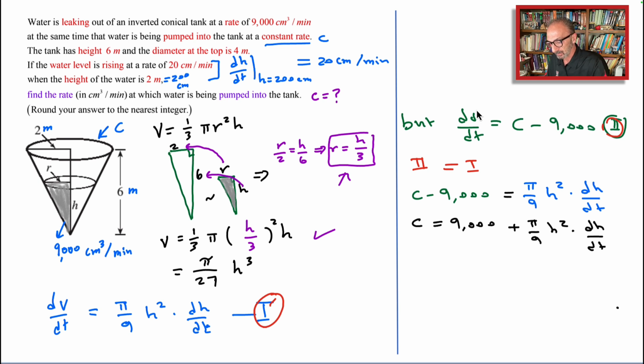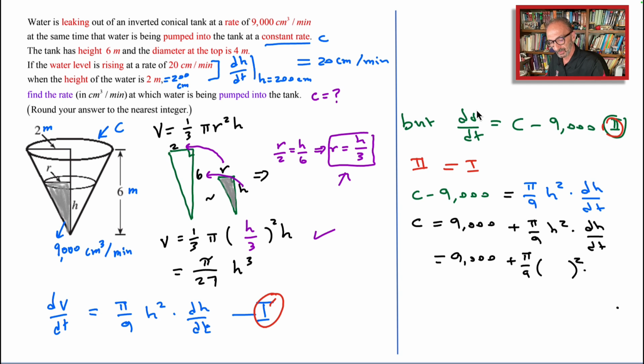Remember that we have the following. This right here, dh dt is equal to 20 centimeters per minute when the height is 200 centimeters. So I'm going to use that right here. 9,000 plus pi over 9 h to the second times dh dt.